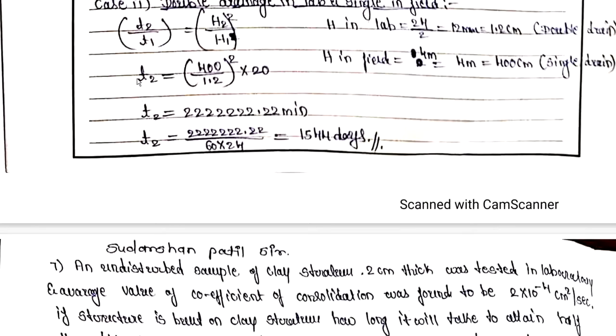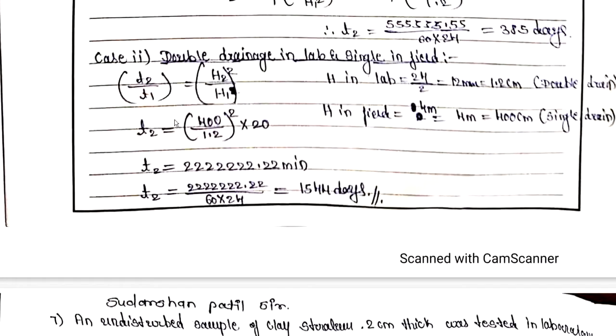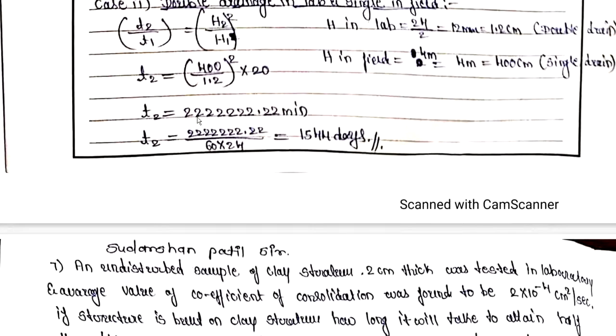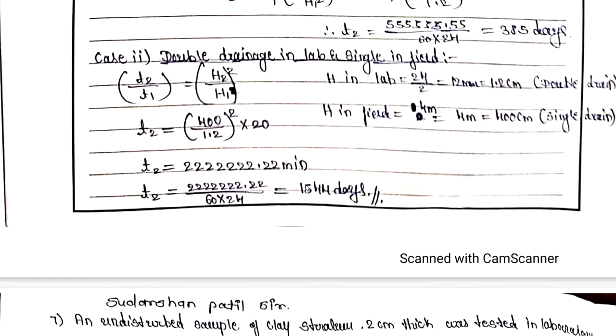So T2 is equal to, using the same formula, 400 divided by 1.2 square into 20. It is going to give us 2,22,222.22 minutes. If I convert it into days, 1544 days are required with single drainage in the field.